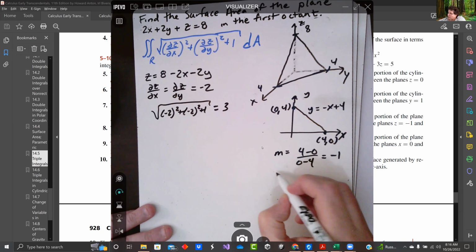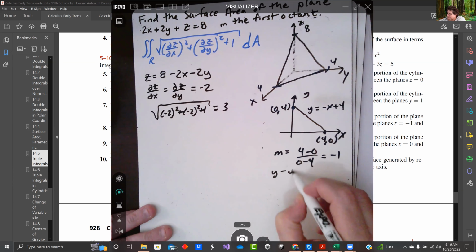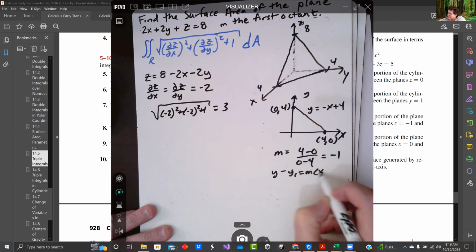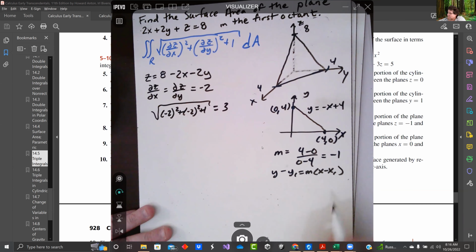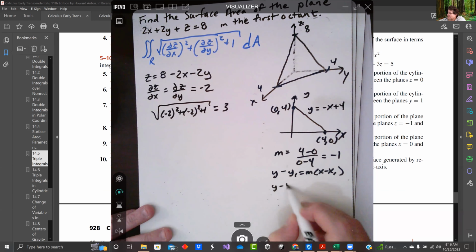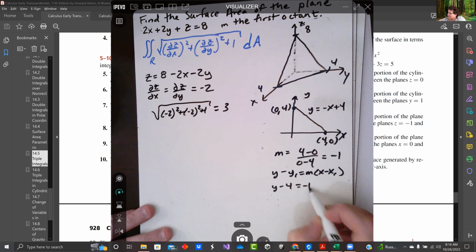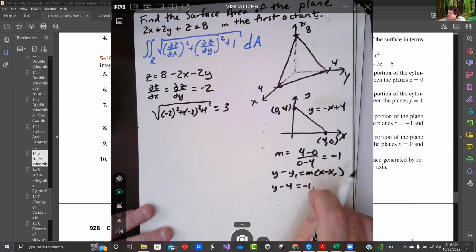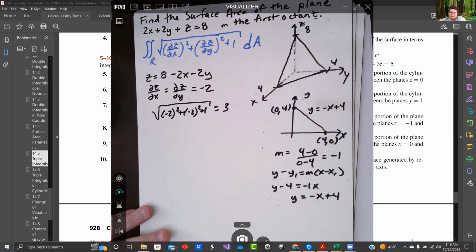Then y minus y1 equals m times x minus x1. y minus 4 equals -1 times x minus 0, so -x. And so y equals negative x plus 4. There's your algebra recap for those of you that don't remember finding lines.